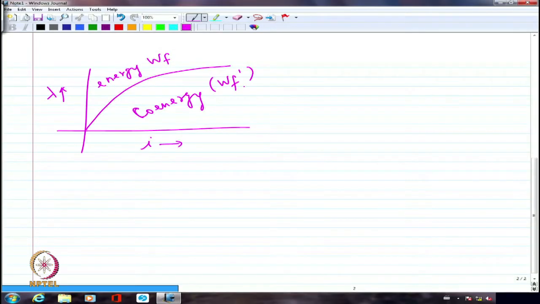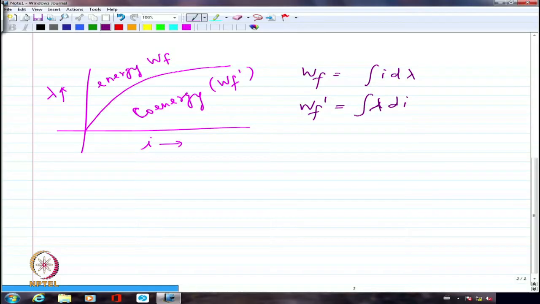So, Wf is the integral of I dλ for a given position of the moving part. If I do not have any movement, at a particular x value, Wf is the integral of I dλ and Wf dash is the integral of λ dI.